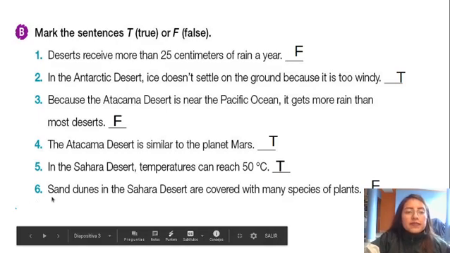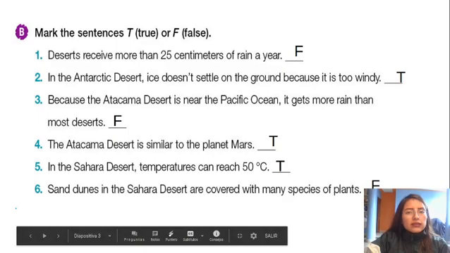Number 6. Sand. Please read the activity. Sand in the Sahara Desert. Repeat. Are. Continue with many species of plants.